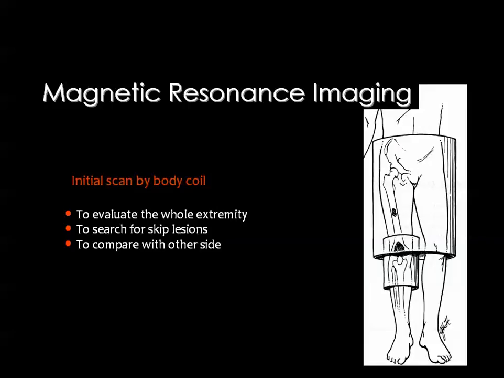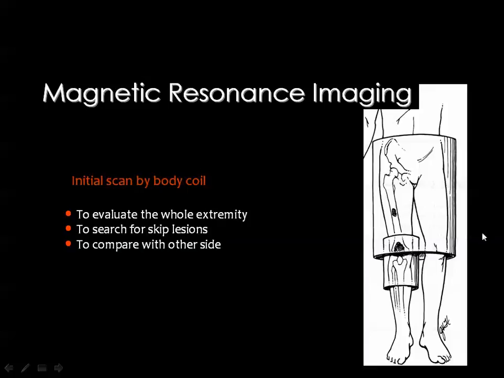Actually, there are some recommendations whenever you are going to evaluate a bone tumor by MRI. Number one, if you are going to assess a bone tumor around the knee, which is the most common location of bone tumors all over the body, then you should have the surface coil for the knee to evaluate the tumor at its anatomic site.